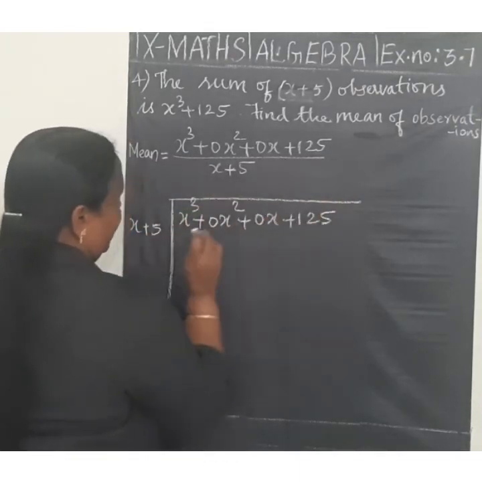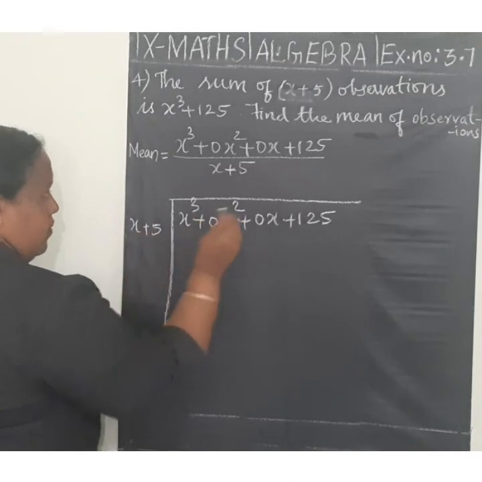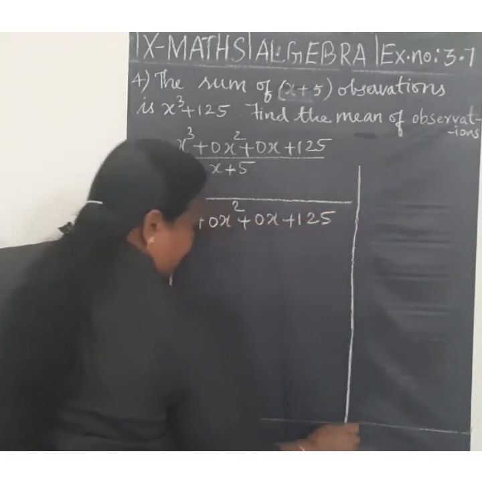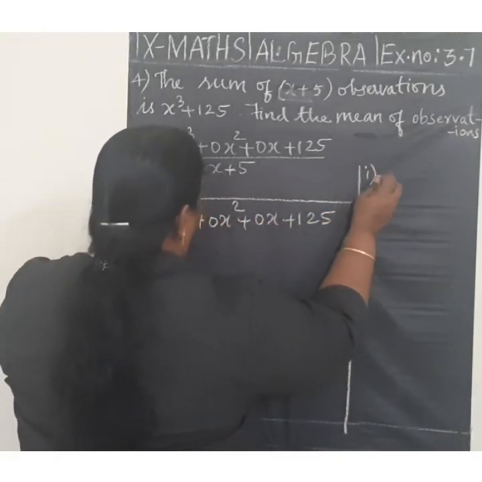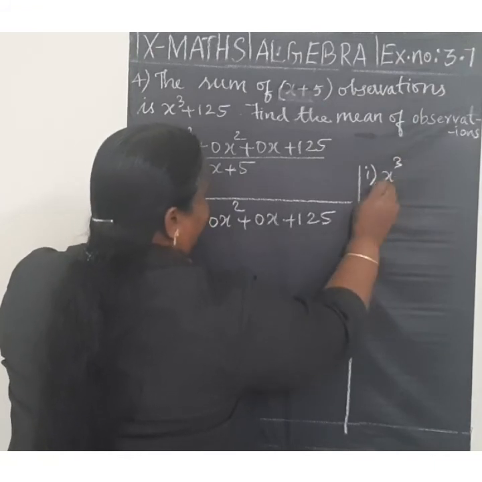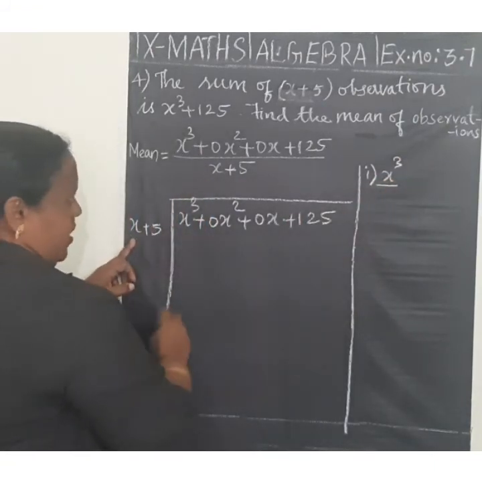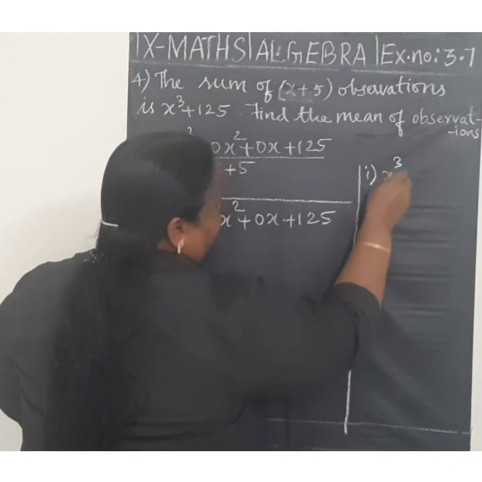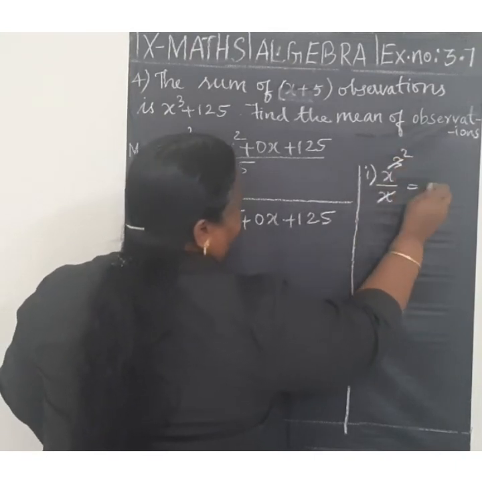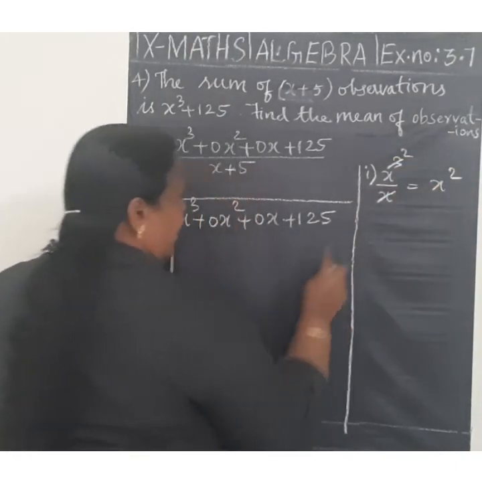In the dividend we take the first term, and in the divisor we take the first term, and we divide them. The dividend's first term is x cube, the divisor's first term is x. When dividing, x gets cancelled, so we get x square.